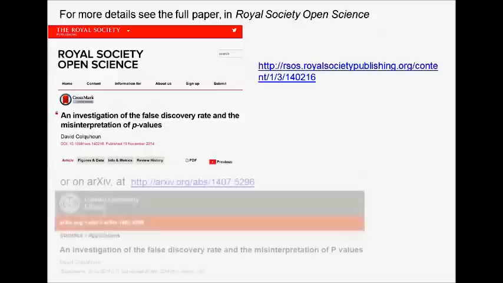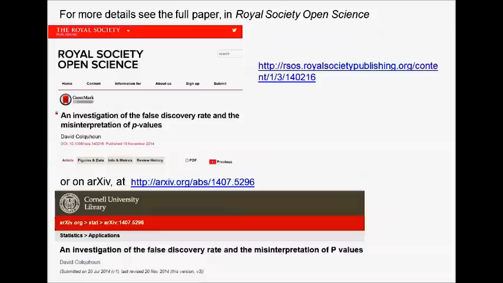In fact, the paper was available for 4 months before it came out in the proper journal, because I'd posted it on the preprint server arXiv. That's only for physical and mathematical sciences. I posted it in the statistics section, but there are equivalents now for biology, which are very useful.